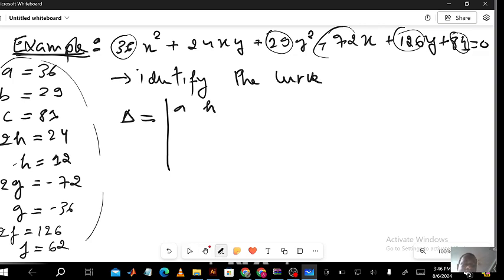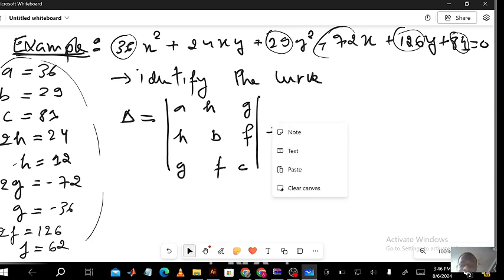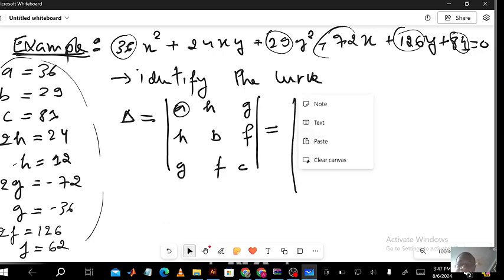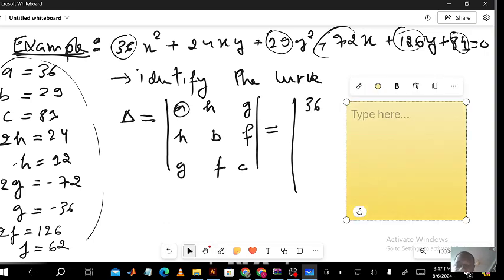What was the value of delta? It is the determinant of A, H, G; H, B, F; and G, F, C. What is the formula to determine the value of delta? Now let me replace the values. For A, as I determined here, I will have 36. The value of H, I will have 12.